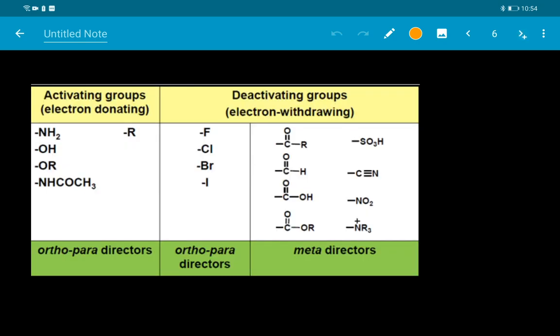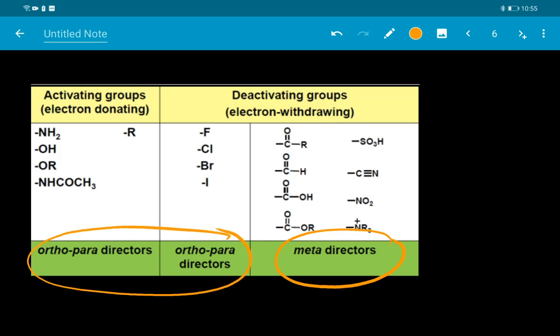The second thing you need to know is the ortho-para directors and also the meta directors. What does this mean, ortho-para directors and also meta directors? As you can see on the list, ortho-para directors refer to the substituents which have NH2, OH, OR, or the alkyl group, and also the halogen.